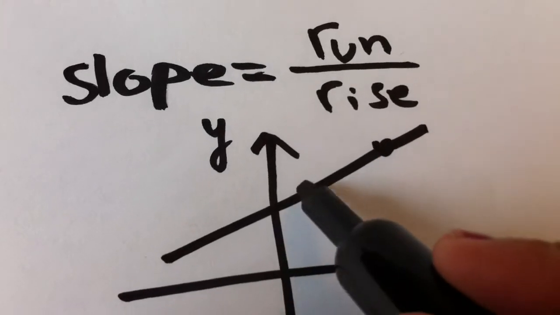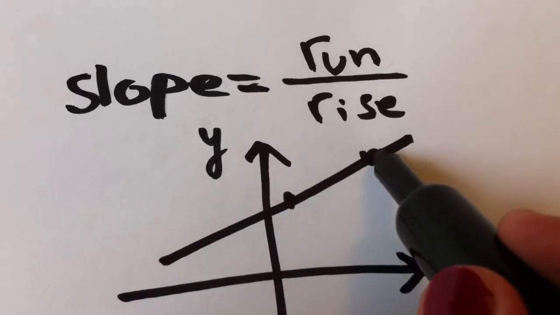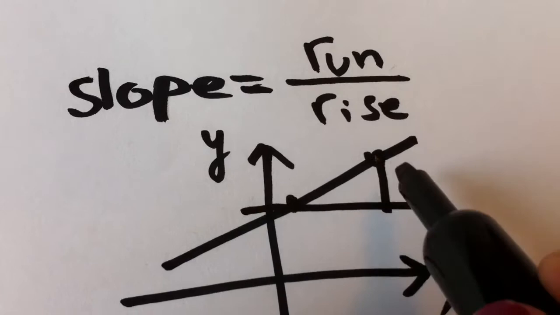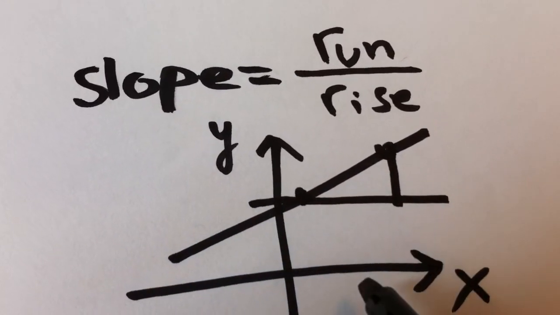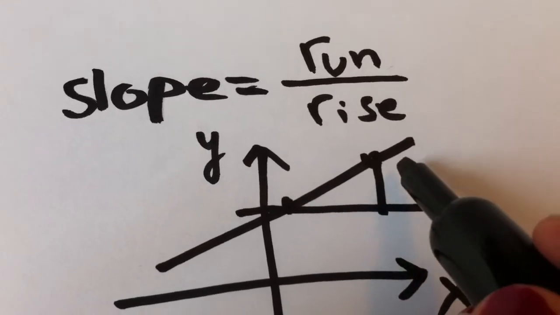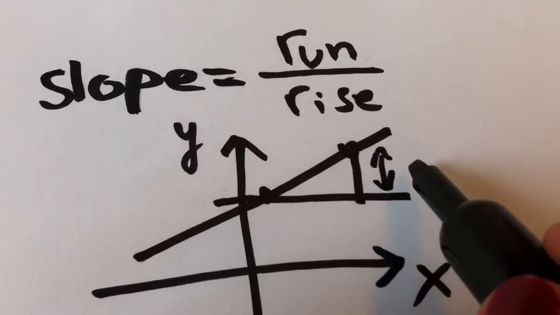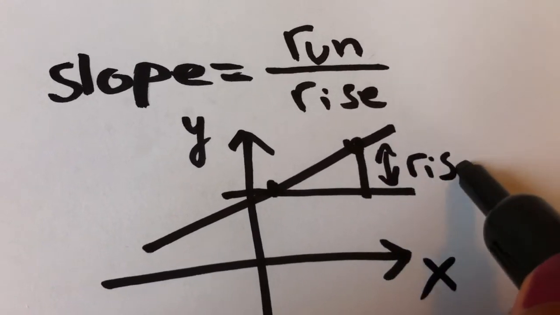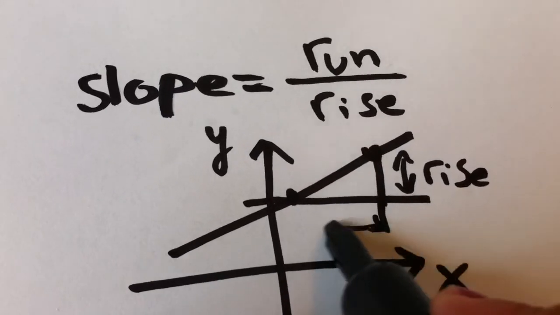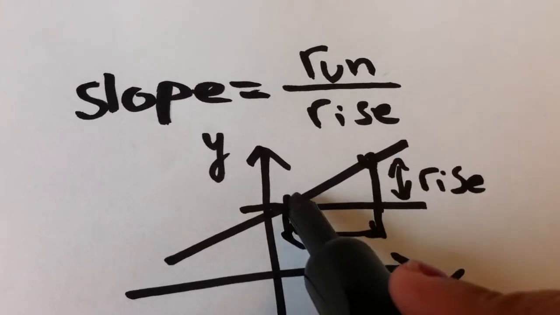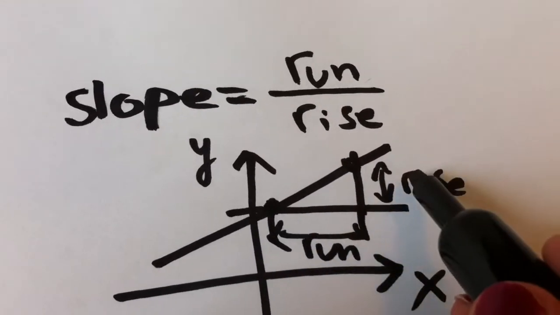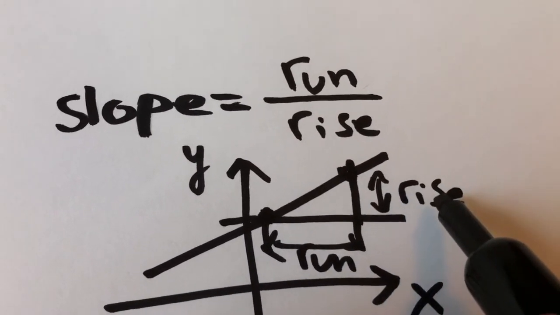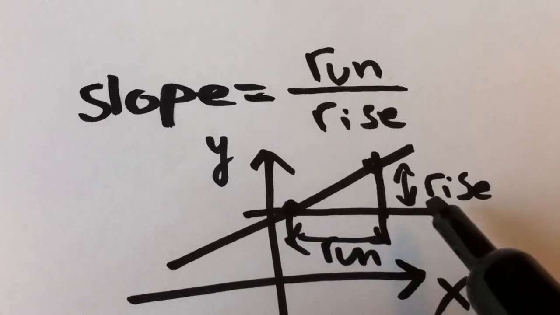If we pick 2 points on the line and draw a line parallel to the y-axis, a line parallel to the x-axis, then we measure this distance. This is our rise. And then we measure this distance, which is the delta x between the 2 points we have chosen. This is our run. So our slope is the ratio of our rise to our run.